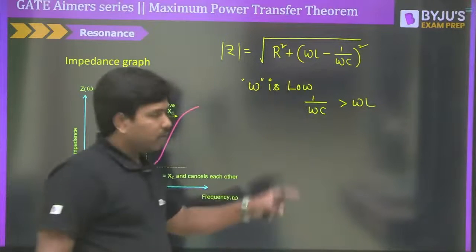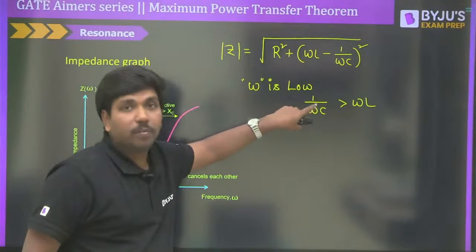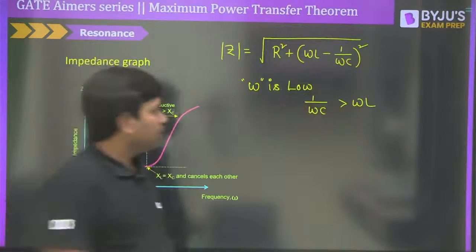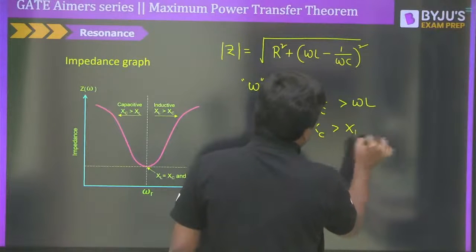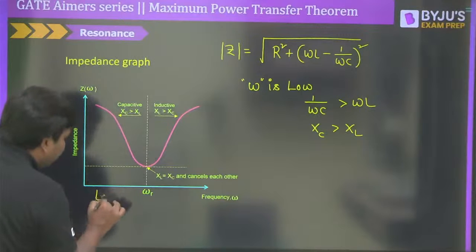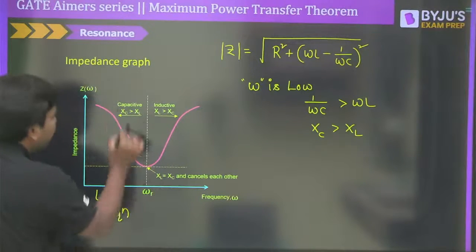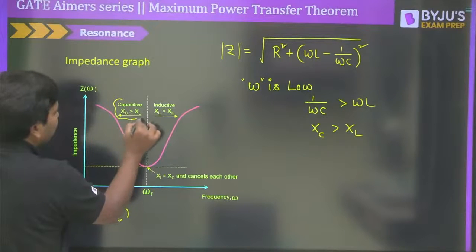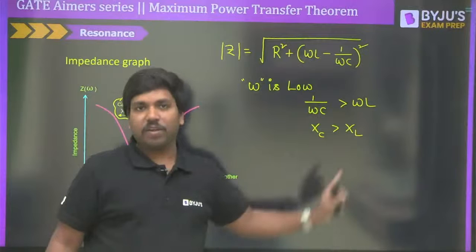Because omega is in the denominator, if omega is low, 1 by omega C will be more than omega L. So easily we can say XC is more than XL. So in the low frequency region, the circuit acts like a capacitive circuit, because the reactance of the capacitor will dominate the reactance of the inductor.